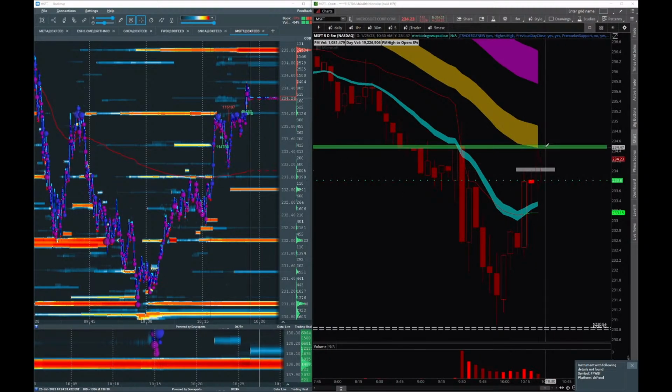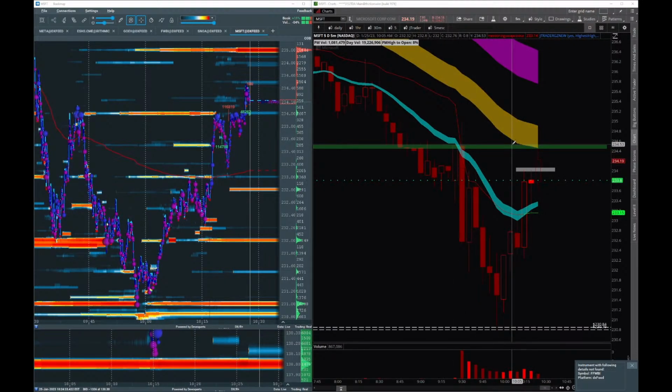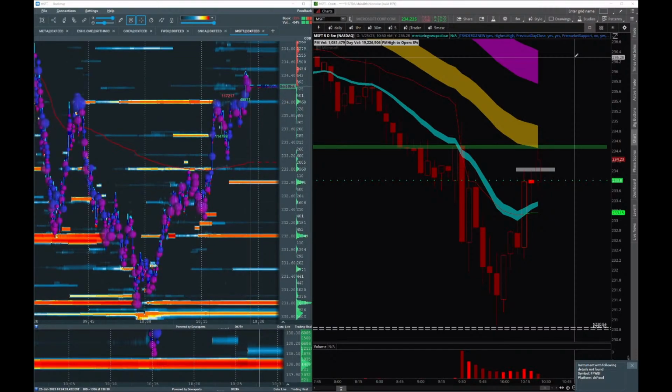Waiting for this push. So we'll revisit the trade. In this case, we're going to go red to green. So this is the important area. This green area is the open level. Above it, we're going to push over here. Next step, 237. So watching for that.